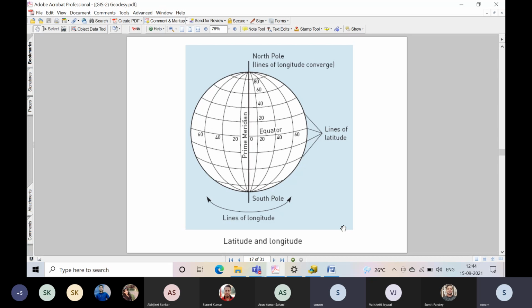During the Viva session, even after 6 months, students used to give latitude and longitude as the horizontal and vertical lines drawn on the Earth's surface. This is not a definition of latitude and longitude that will be given by any GIS student or GIS professional. Now, how are we going to define latitude and longitude?